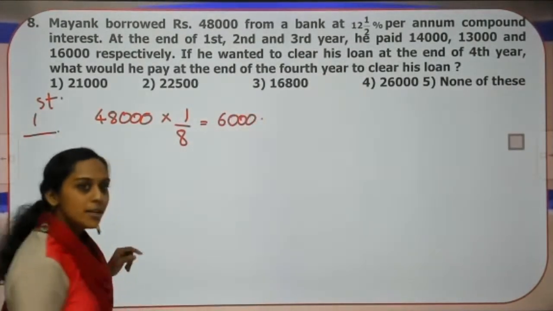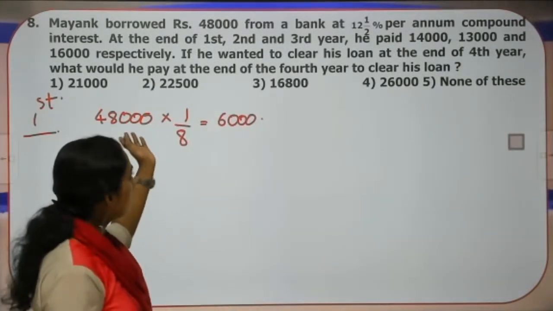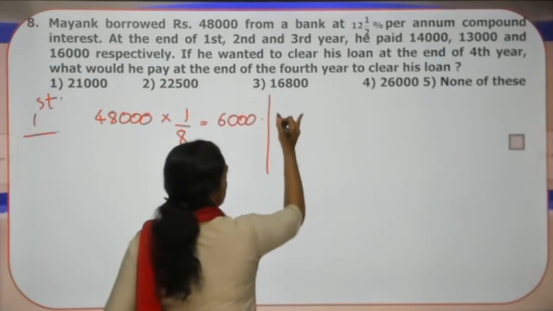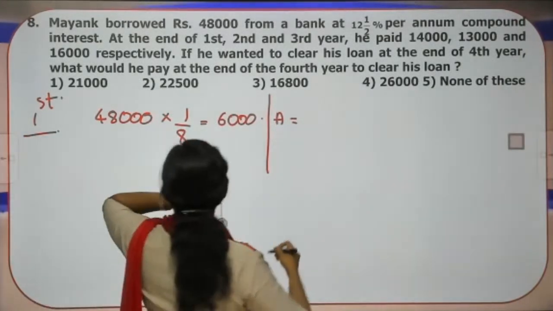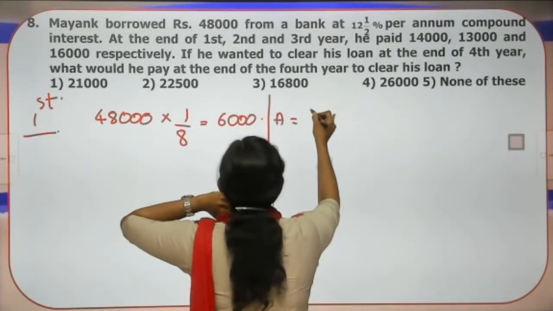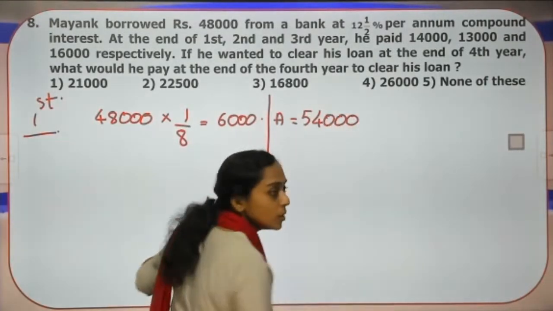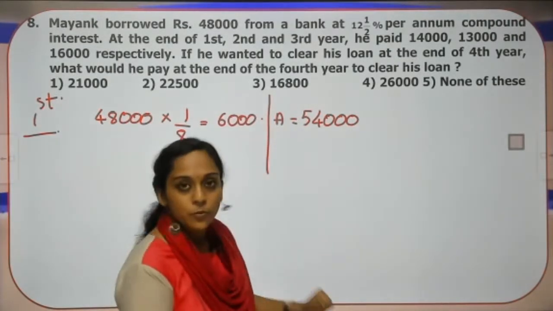Okay, so what is the amount that should be going to the second year? The amount of the first year will be the principal of the second year. So here the amount will be 48,000 plus 6,000, that will be 54,000. So the principal that you have to take in the second year is 54,000.